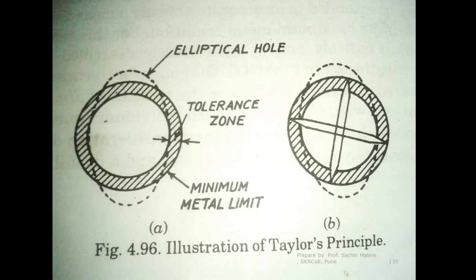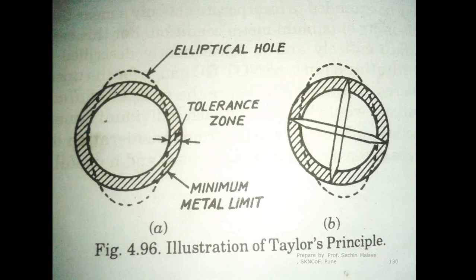Let us now consider that this is the hole which is actually produced. You can see one ellipse. This is the ellipse which has been actually manufactured by somebody, and you want to check whether this hole produced is okay or not okay.